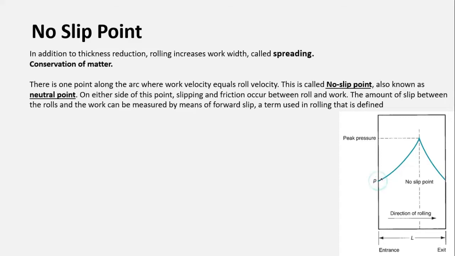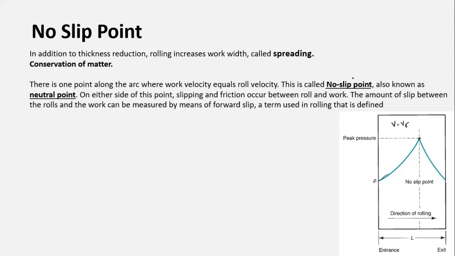Now the velocity of the workpiece is increasing, so there will be a point at which the workpiece will have the same velocity as the roll that is performing the rolling operation. So our V would be equal to VR, and that point is termed as a no slip point, also known as a neutral point. On either side of this point, slipping and friction occurs.